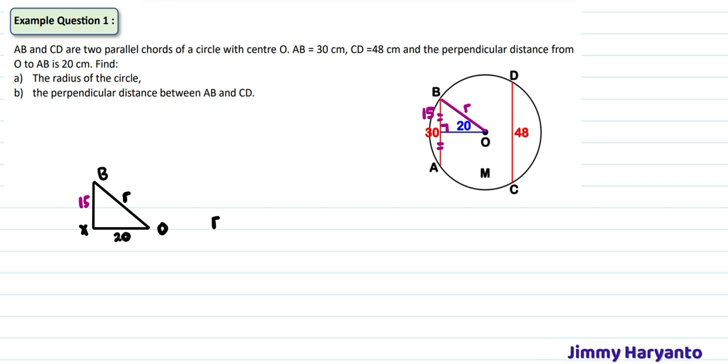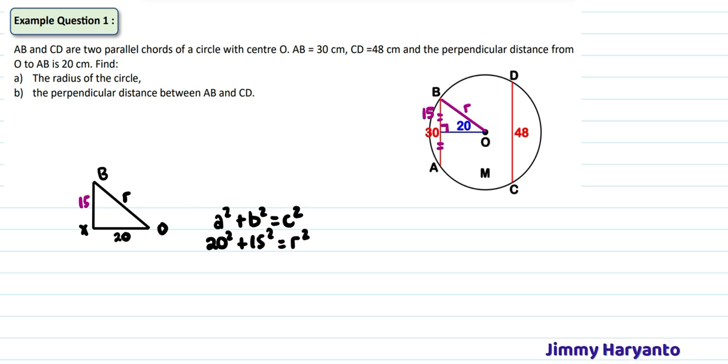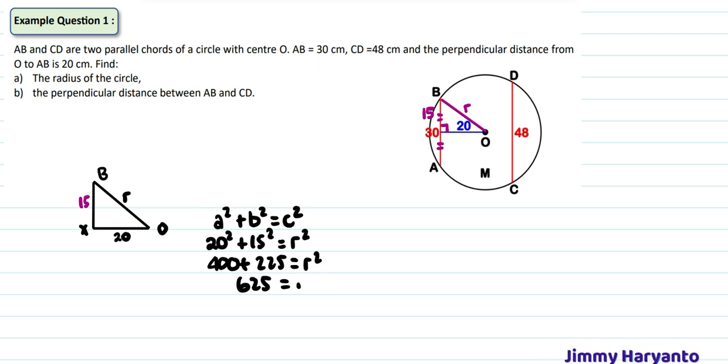To find the radius, you only have to use the Pythagoras theorem, which is a square plus b square equals to c square. That means 20 square plus 15 square equals to r square. So this is 400 plus 225 equals to r square. 625 equals to r square.